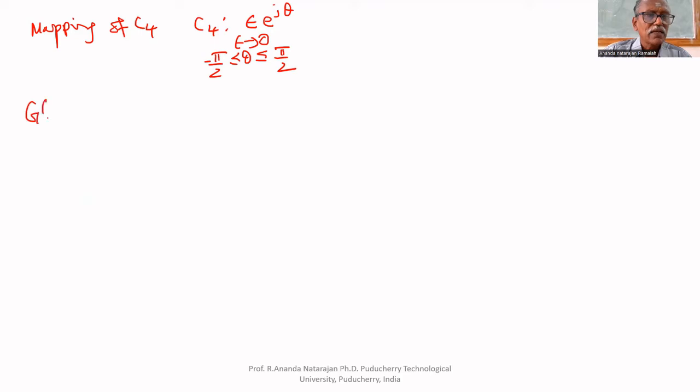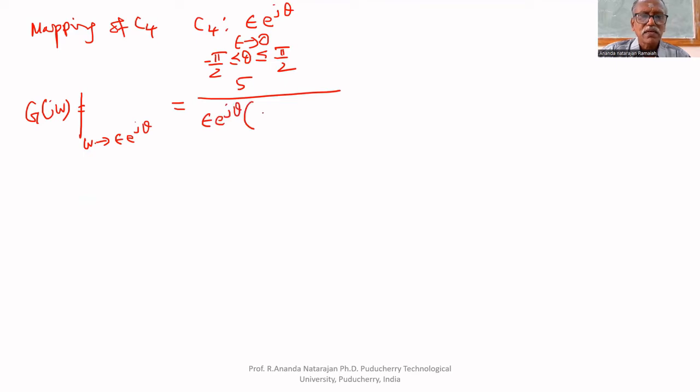If you substitute here, g of j omega, as omega tends to epsilon e power j theta, equals 5 divided by epsilon e power j theta times (epsilon e power j theta plus 1) times (epsilon e power j theta plus 2). As epsilon tends to 0, this tends to 0, this also tends to 0. The only term left is 1 by 0; this becomes 1, this becomes 2.